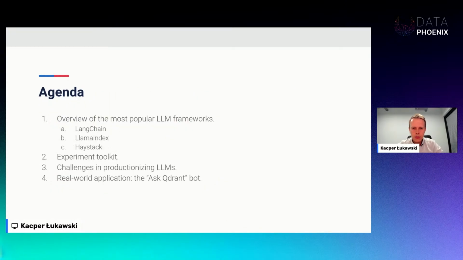So we are basically going to review LangChain, Llama Index, and Haystack, the top 3 most popular libraries available out there. I'm going to speak about the differences between them, some different concepts and different ways how they actually handle the same tasks. Then we are going to review the toolkit that you may need for making some prototypes or experiments, and then move to productionizing LLMs.